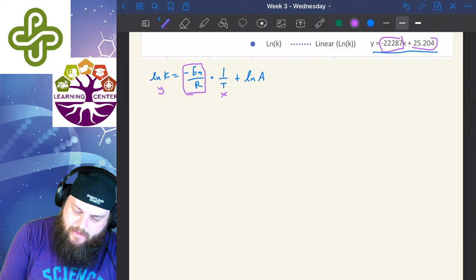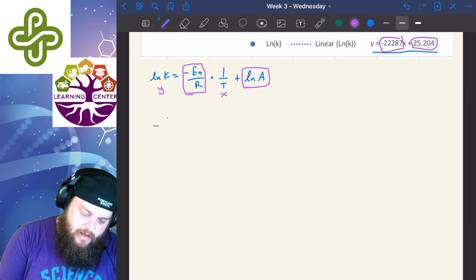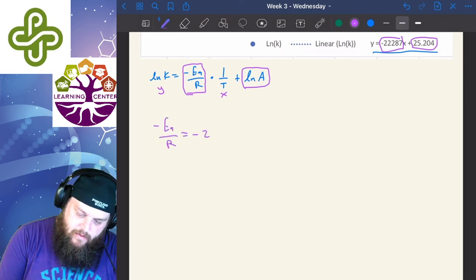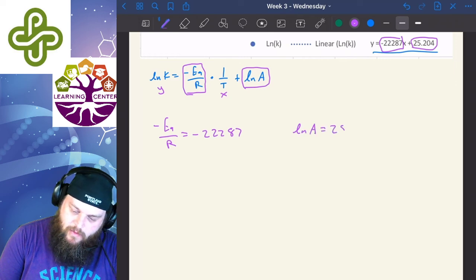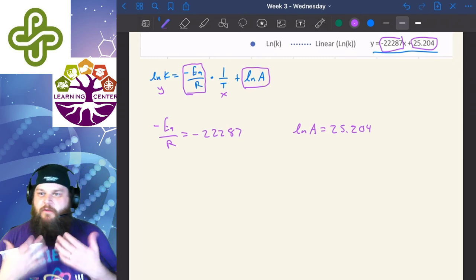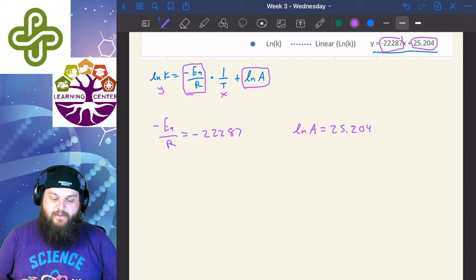This is my y-intercept, which is going to be equal to my ln of A. So I can say that negative EA divided by R is equal to negative 22287, and the natural log of A is equal to 25.204. So just by graphing these and linearizing the results, I can solve for these problems.